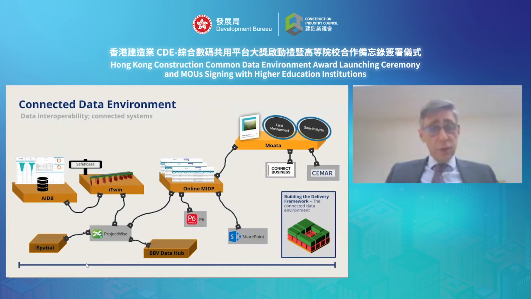If we look beyond that though, because there's huge advantages just in having that kind of centralized single source of truth that you get with a common data environment. But we can imagine beyond that and consider what happens if you can get data interoperability beyond just a centralized system and start thinking more of a distributed system that is connected.